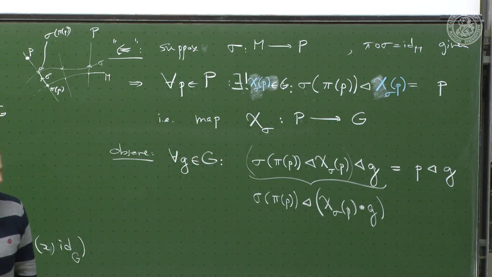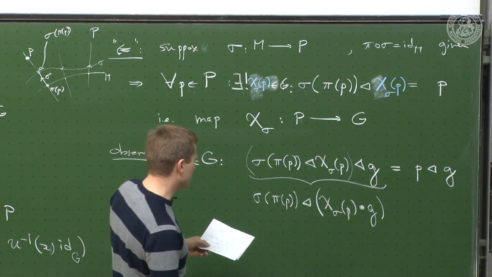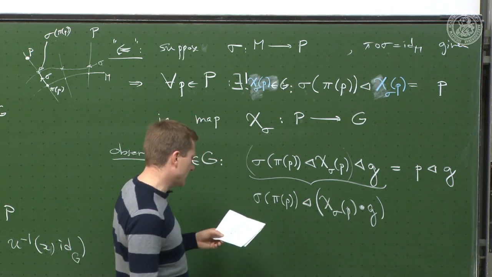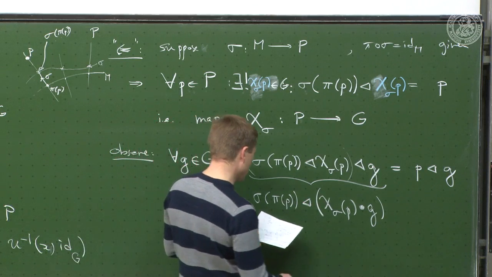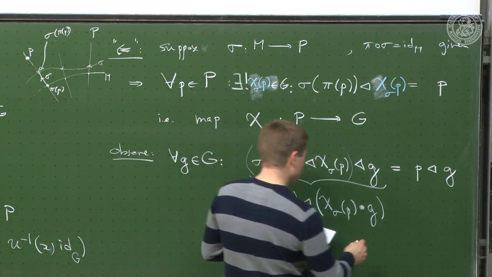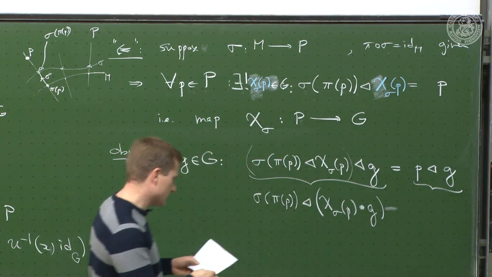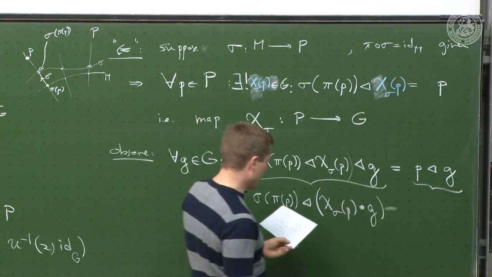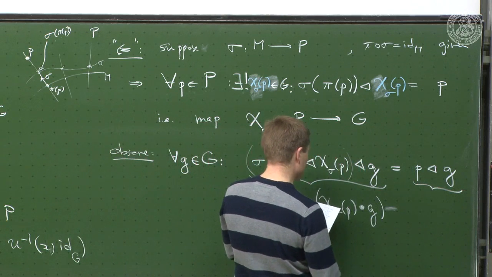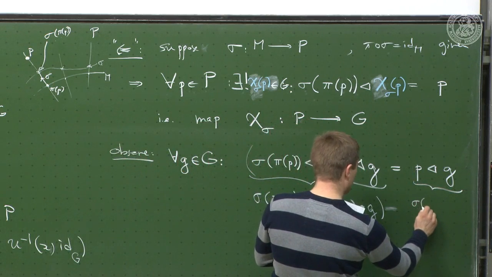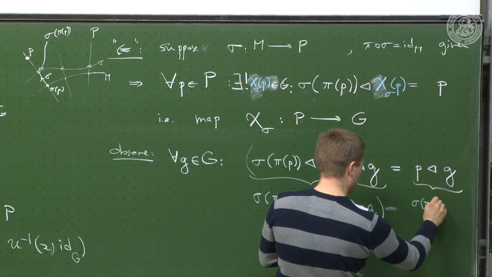This is simply by virtue of the triangle here being a right action. Okay, and now this right-hand side, however, the G acts on there. I can of course rewrite this as sigma of pi.